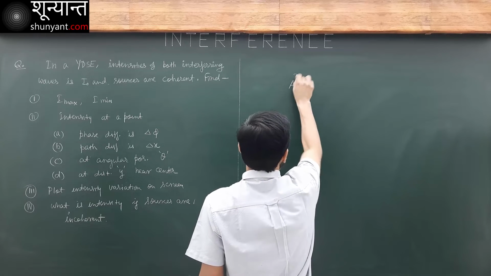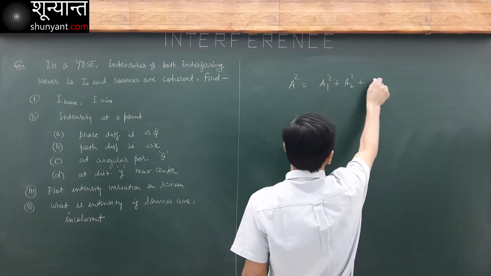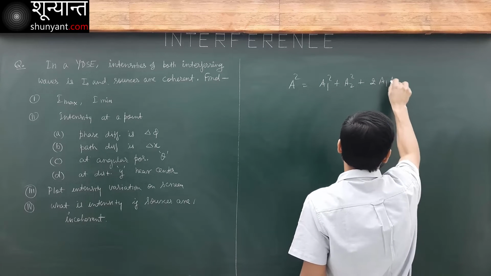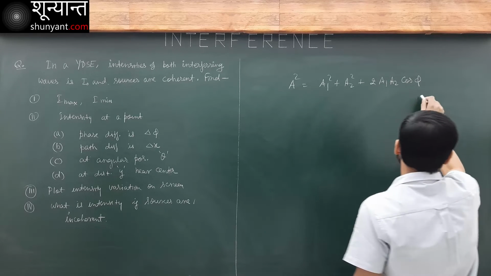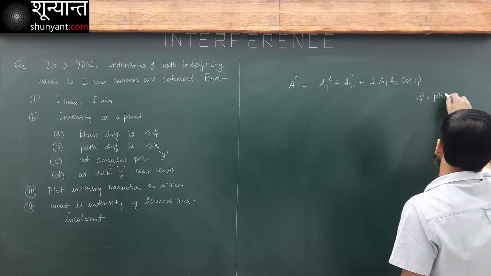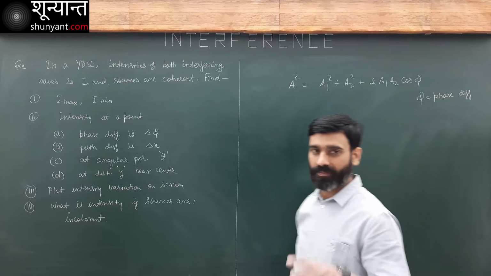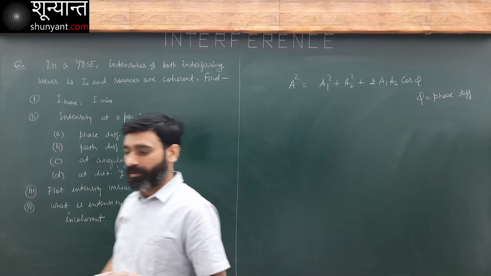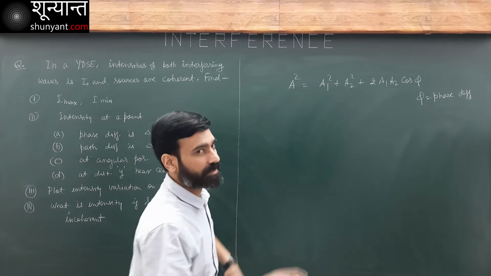Amplitude squared is equal to A1 square plus A2 square plus 2 A1 A2 cos phi. This phi is phase difference. So I have two waves of amplitudes A1 and A2 interfering with each other, and this is the resultant amplitude.